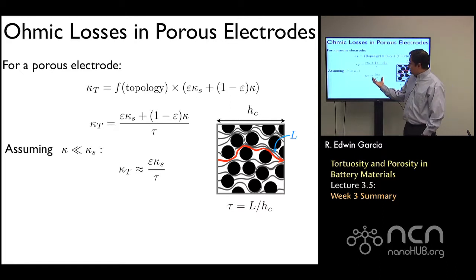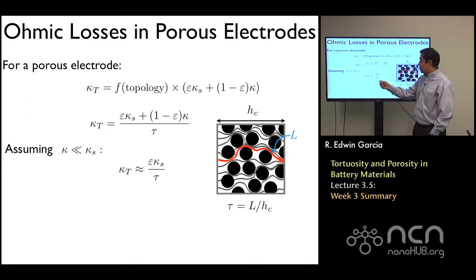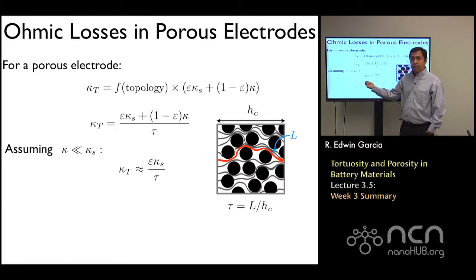Now, this tortuosity depends effectively on how many of these obstacles I have. If I have no obstacles, then tortuosity becomes 1. And if I have a very large density of obstacles, this number can be very, very large, dropping significantly the conductivity of the system and therefore increasing the losses that a system will have.